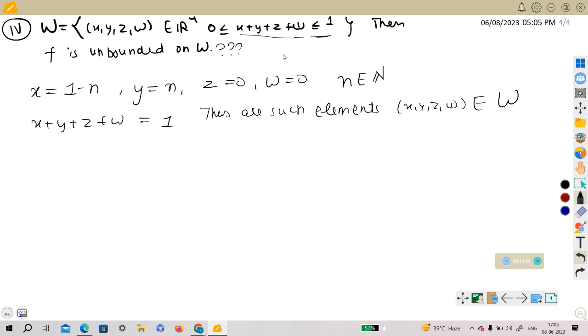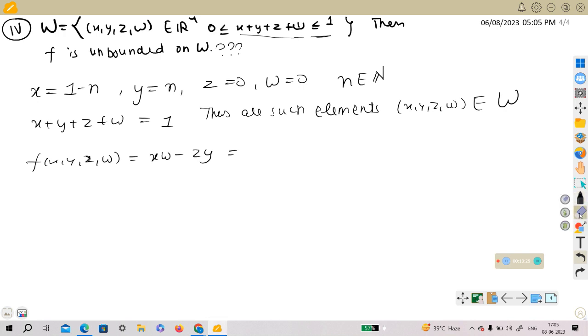All right, so what is the value of the function in this case? Our f was xw minus zy, which will be, wait a second.